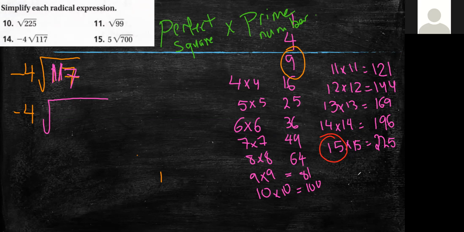If the number ends in 0 or 5, it will be divisible by 5. If it ends in 0, it can be divided by 10. If it ends with an even number, it can be divided by 2.